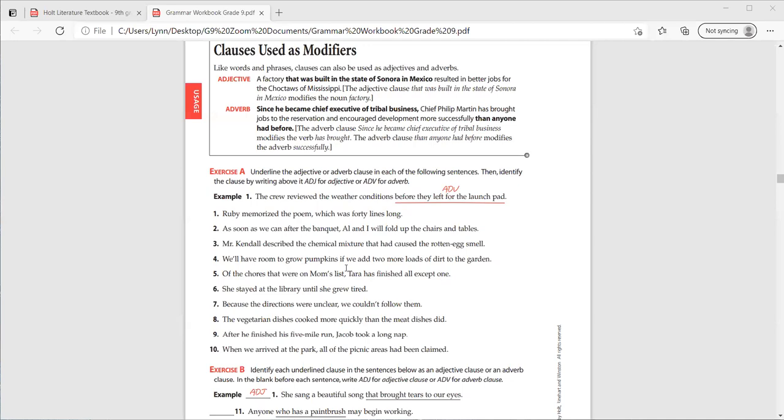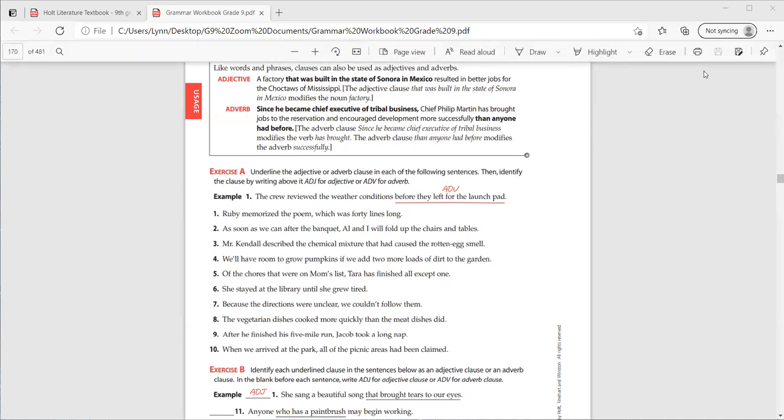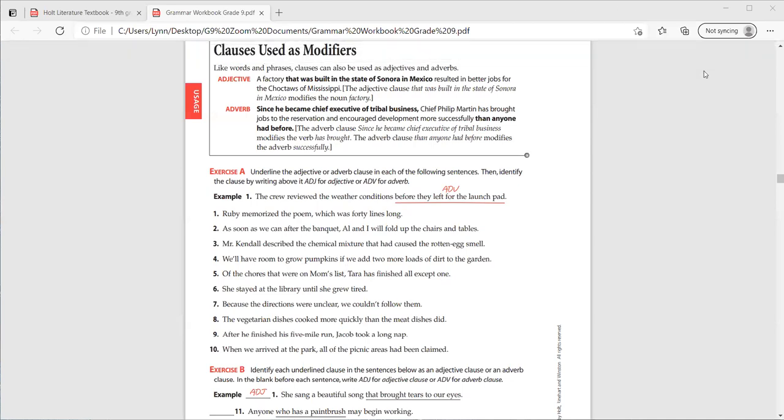All right, is it a modifier or not a modifier? Who can answer? Ritash, do you know? Is it a modifier or not a modifier?